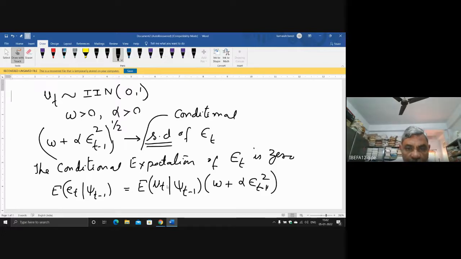Okay. What about this term? This is 0. And therefore the whole thing is 0. Hence this statement: the conditional expectation of epsilon t is 0.